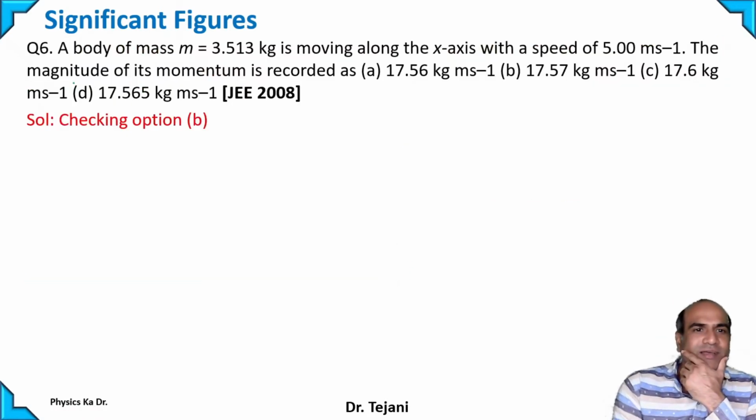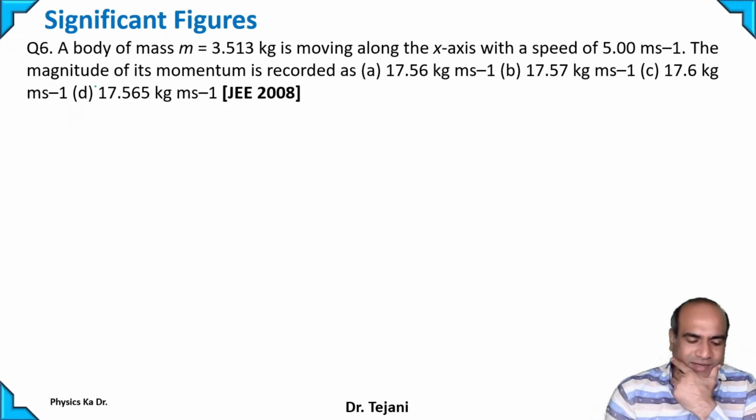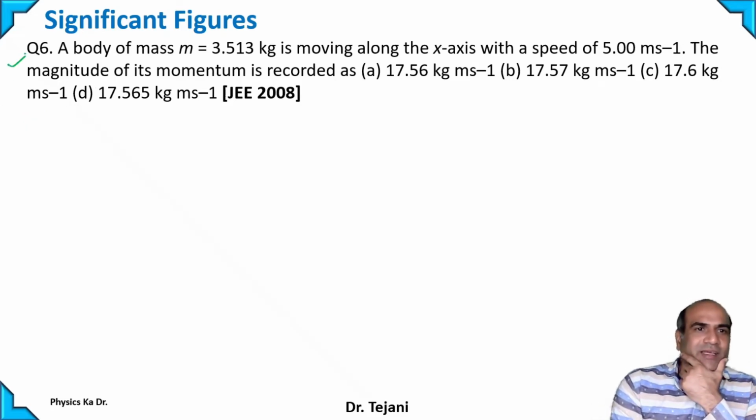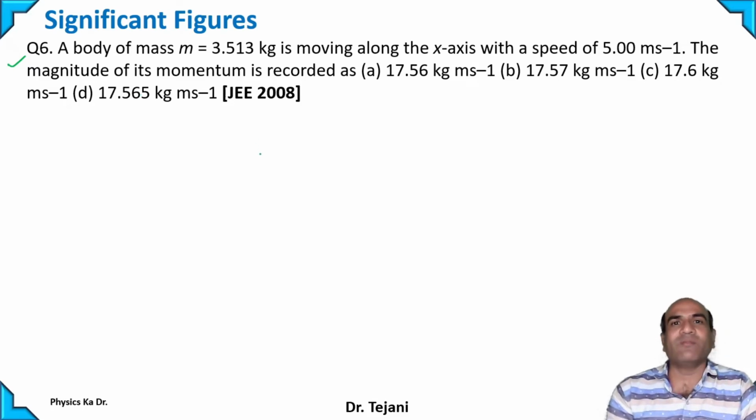Let's have a question. Question number 6: a body of mass m, the mass is given, is moving along the x-axis with speed 5 meter per second. The magnitude of its momentum is recorded, and that question was asked in JEE 2008.